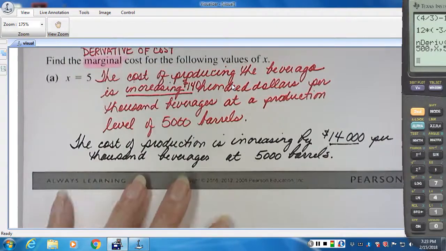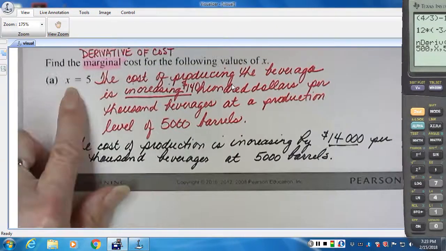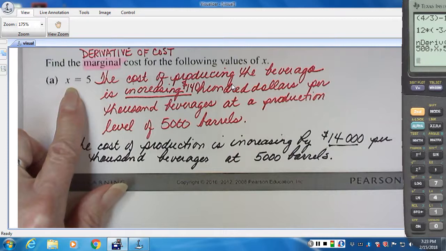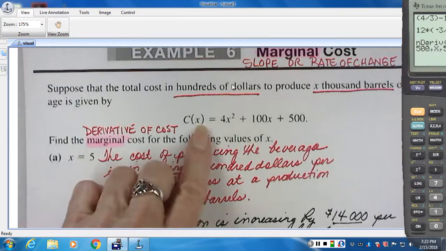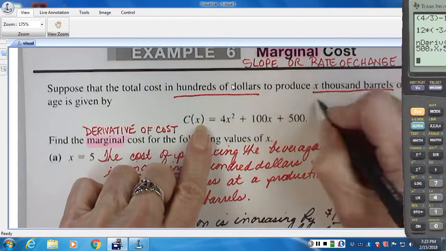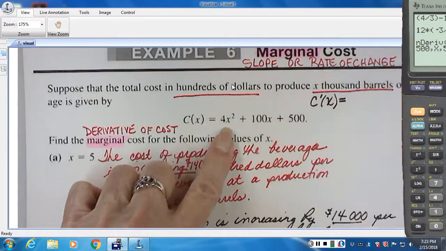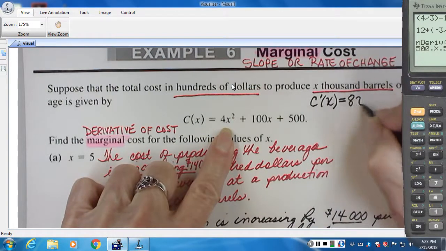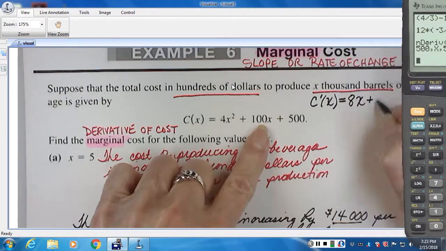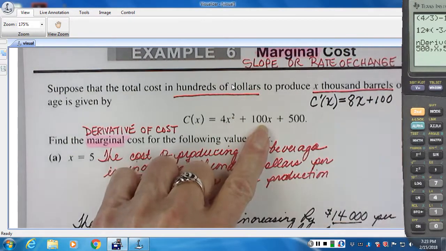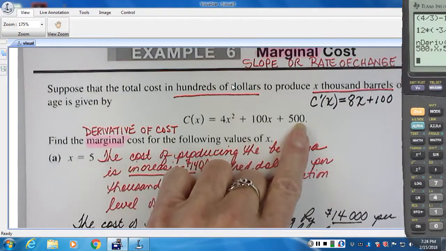Now, we got the answer strictly from the calculator because we had a number for X. And the calculator will always give us a numerical value unless it's not defined at that value. We could also take that derivative. The derivative of cost is C prime of X is equal to 4 times 2 is 8X to the 2 minus 1 is 8X to the first power plus 1 times 100 is 100 times X to the 1 minus 1, which is X to the 0 or 1, and the derivative of 500 is 0.